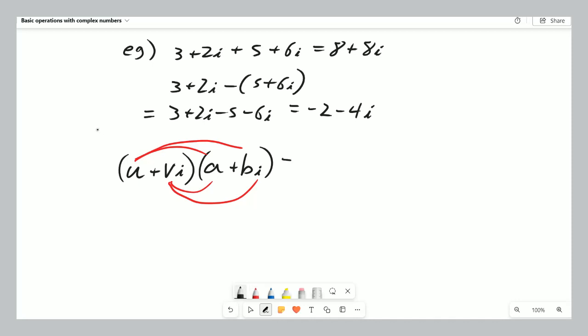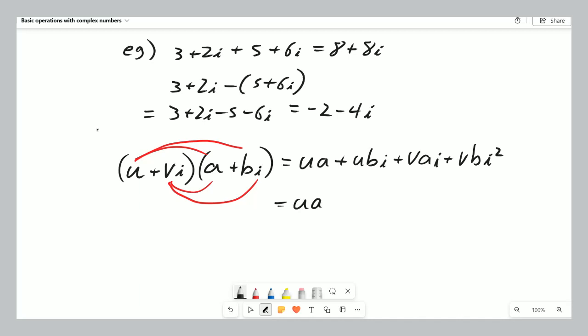So what we have is ua plus ubi plus vai plus vbi squared.